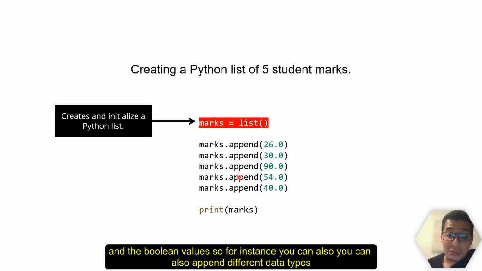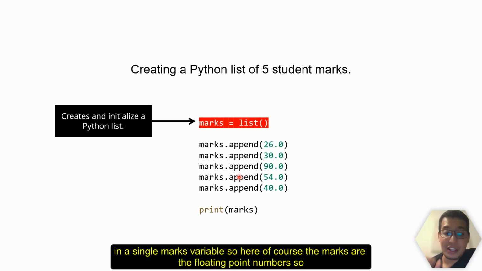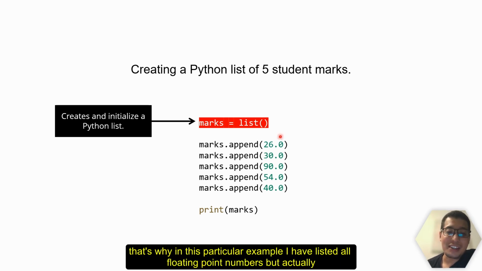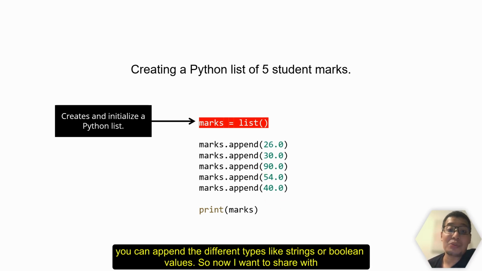For instance, you can also append different data types in a single marks variable. Here, of course, the marks are floating point numbers, so in this particular example I have listed all floating point numbers. But actually, you can append different types, like strings or Boolean values.